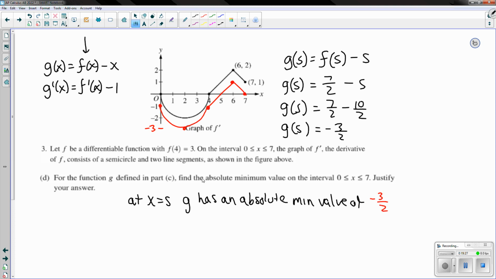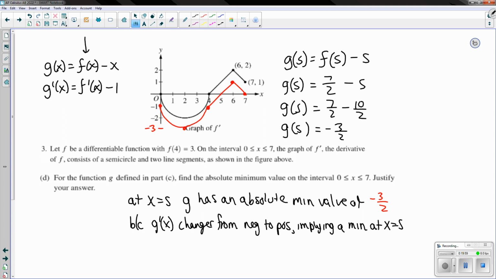And the justification for that is because g prime of x changes from negative to positive, implying a minimum at x equals 5 for g.